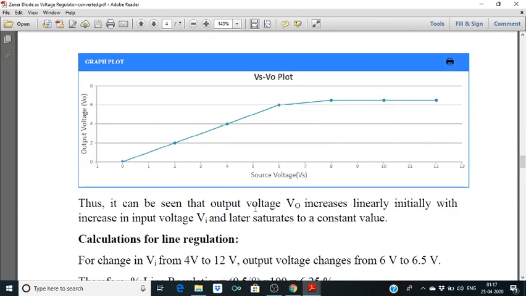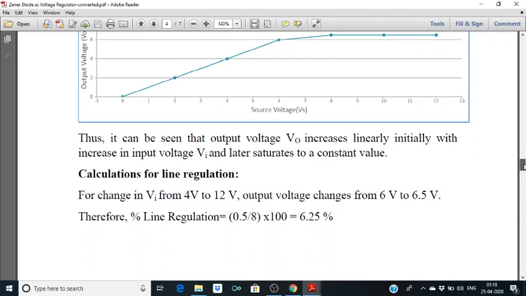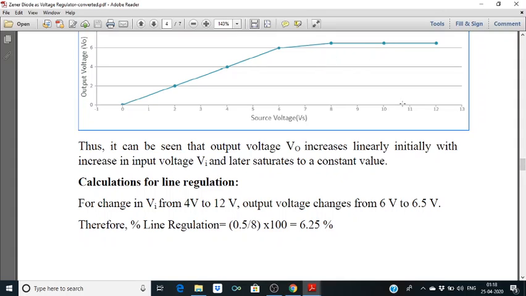We can see that the output voltage V0 increases linearly initially with the increase in input voltage, but later it saturates to a constant value. Now we can calculate line regulation through this graph.